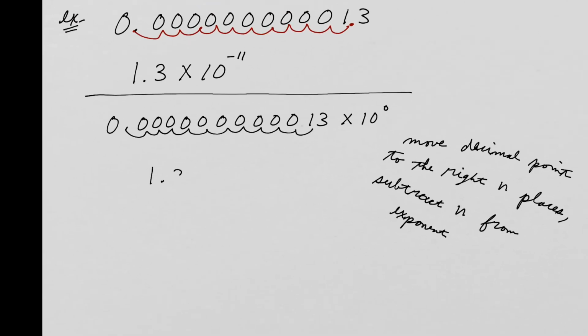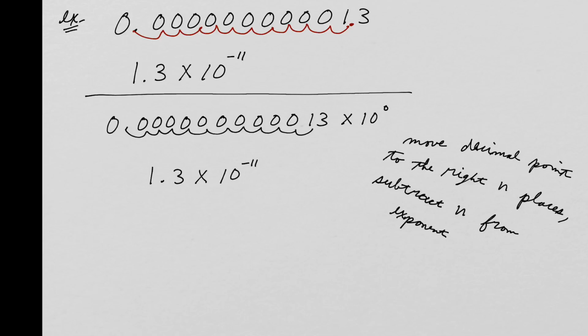So again, this would be 1.3 times 10. And then what's 0 minus 11? It's negative 11, right? And again, it's good to just check it. Yeah, it's a very small number. I better have a negative exponent. So that makes sense.